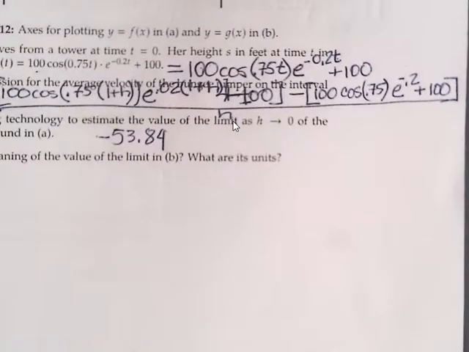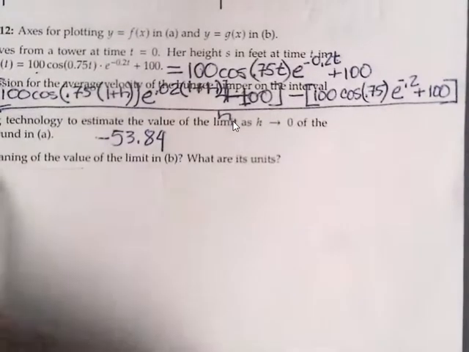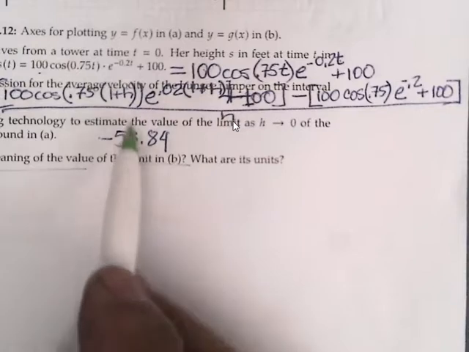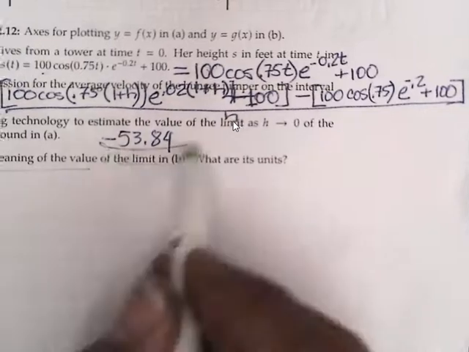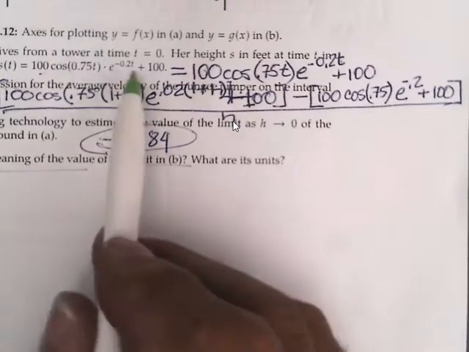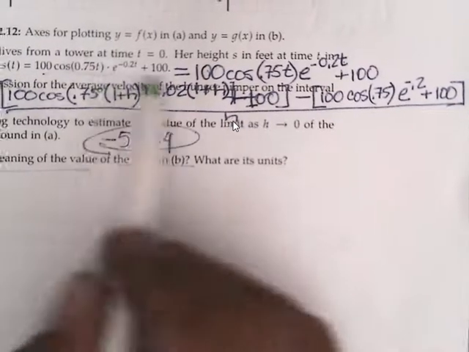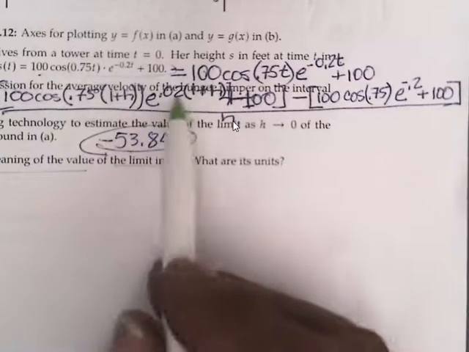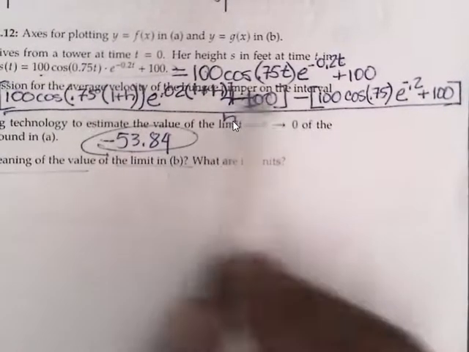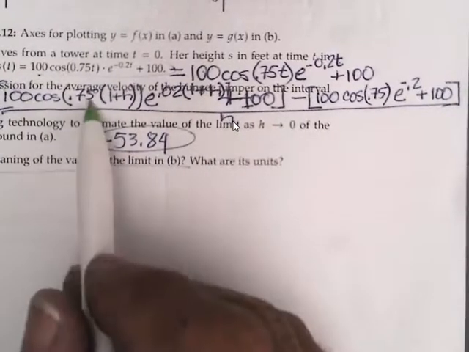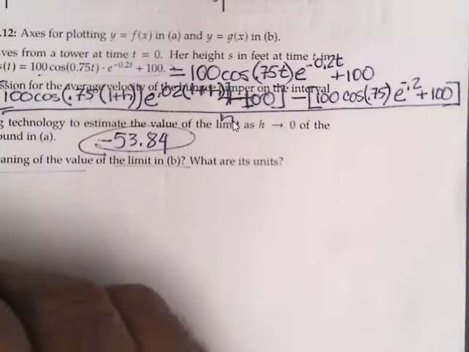Okay? And what's the meaning of the value of the limit? So this is what this tends to. We found the change in these over this. This is the slope function close to 1.